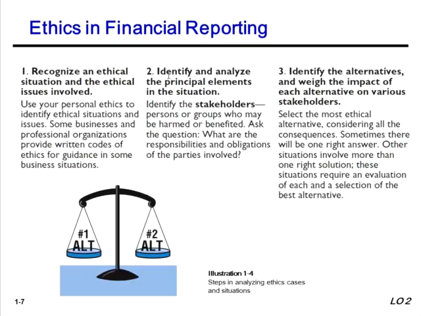All right, so organizations and individuals have responsibilities to stakeholders. Third part, identify the alternatives and weigh the impact of each alternative on various stakeholders. So the ultimate goal is to select the most ethical alternative.